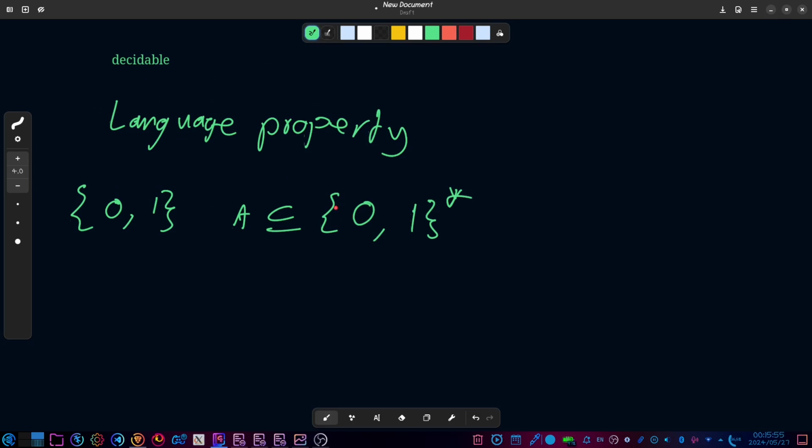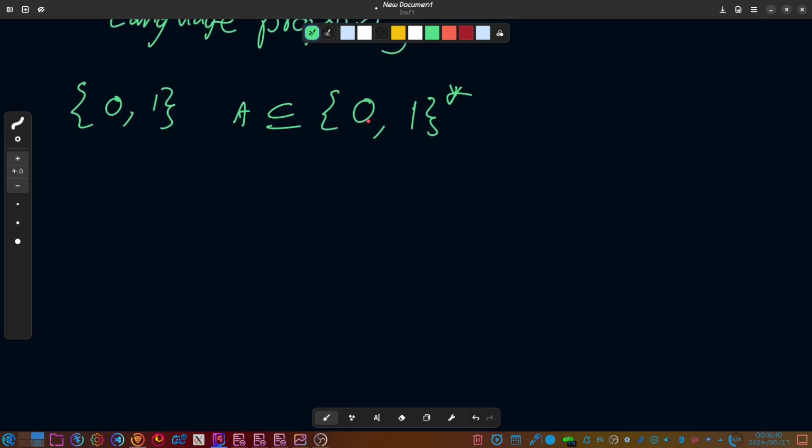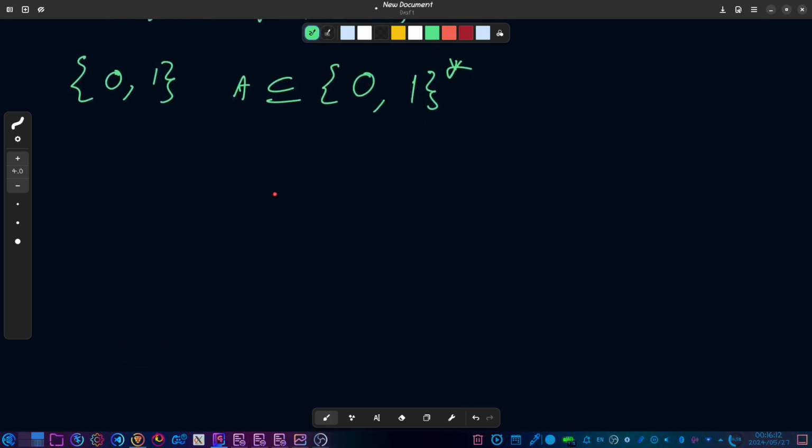Just like a random side note, there was a person in one of the tests who basically made the claim that the set of all countable languages is countable, and I was a bit confused when he came and queried, and then I thought about it for a little bit.